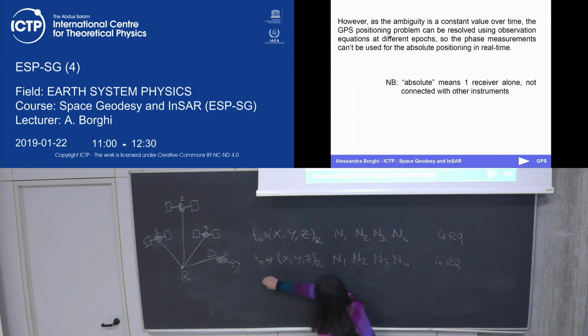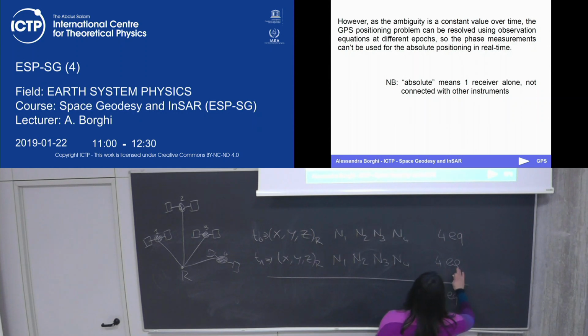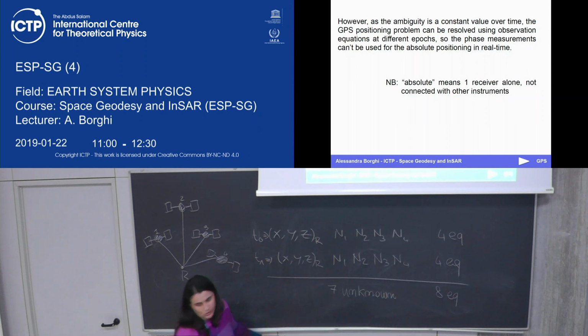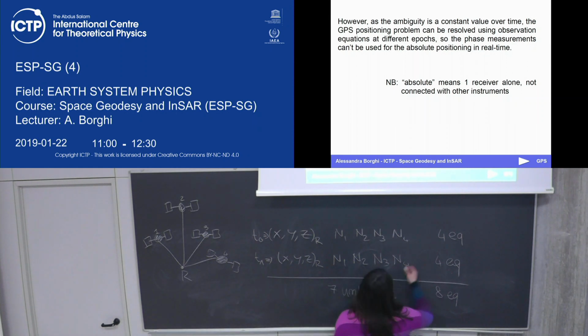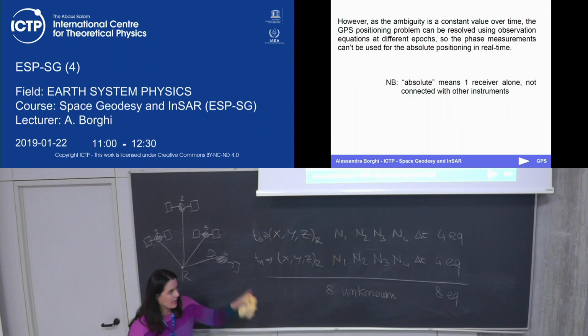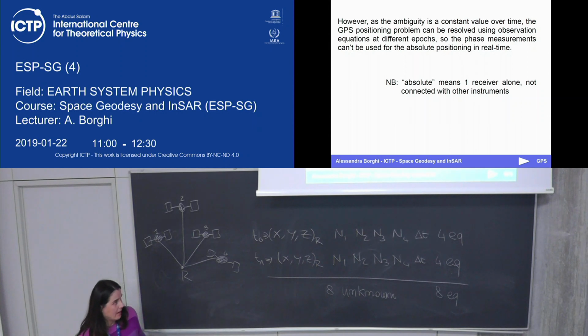So we have 8 equations with 7 unknowns. To be honest, I also have to introduce the delta t, the clock error, the synchronization error. So we have 8 unknowns.